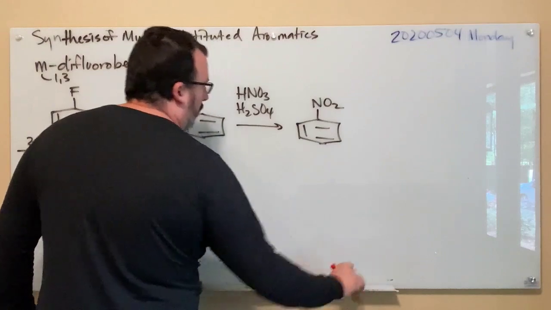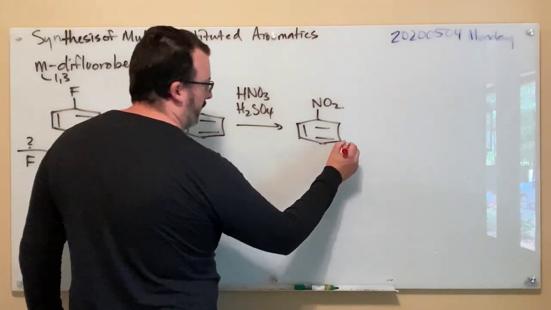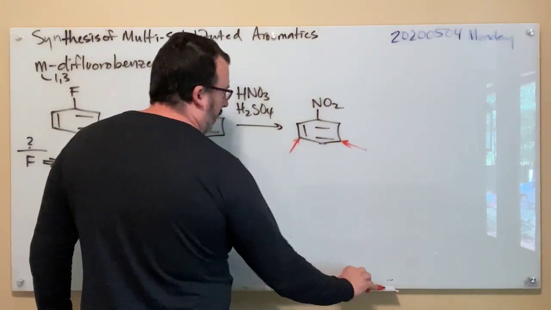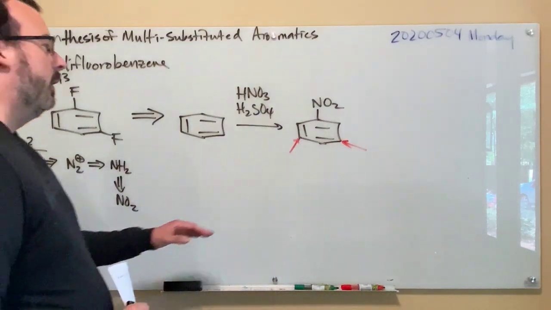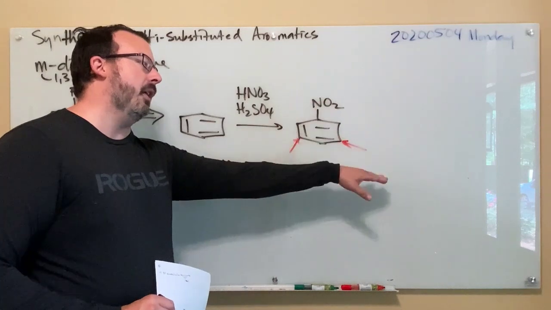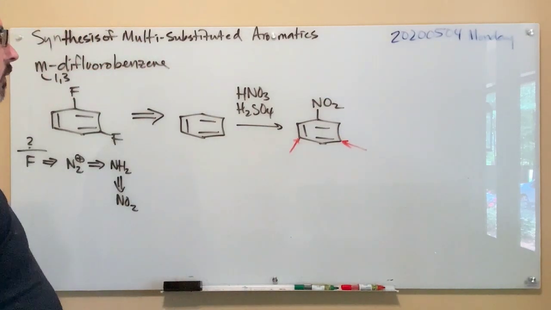The nitro group is a deactivating group, and it directs to the meta position. So with the red marker, I'm showing where it directs, and the red means that the ring is less reactive than benzene, so the next reaction takes place slower than the reaction of benzene itself.